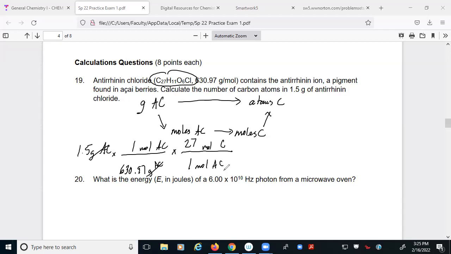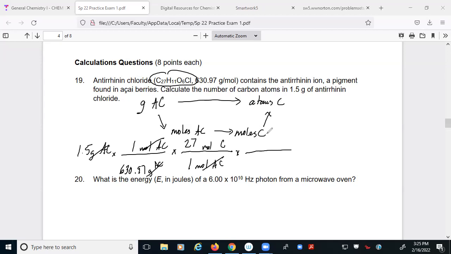I can say 1 mole of AC has 27 moles of carbon in it. Because the mole means the same thing for both scenarios, it's the same number, the ratio is going to be exactly the same as well. Doesn't matter if I'm talking about 1 atom or 1 molecule or a whole cluster of them. At any rate, moles cancel out.